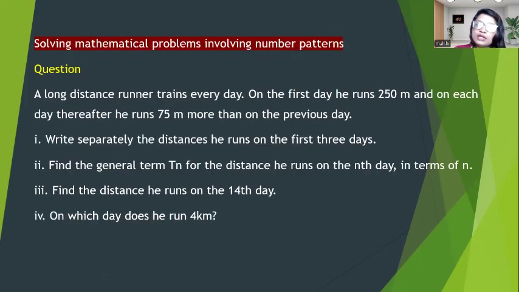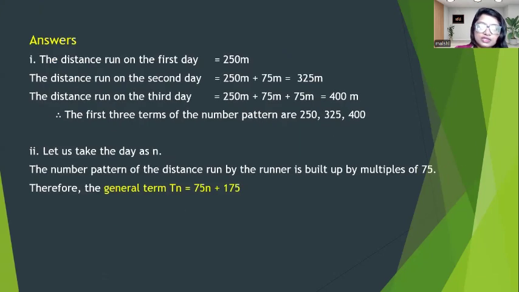Okay. The second question is, find the general term Tn for the distance he runs on the nth day in terms of n. In here, you need to find the general term. You know how to find the general term. The general term is obtained with the common difference and the difference between two terms.